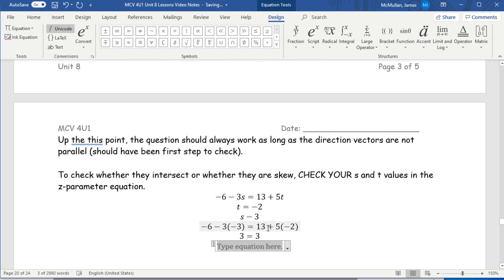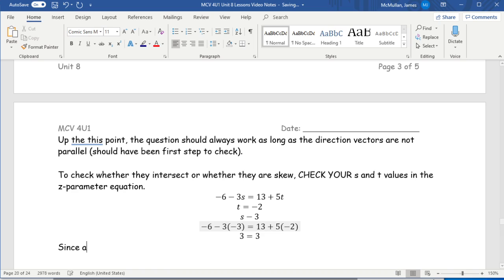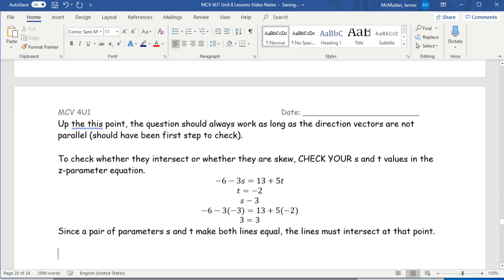So what I'm going to write now is, since a pair of parameters, s and t, work in both, making both lines equal, the lines must intersect at that point. Let's observe this.